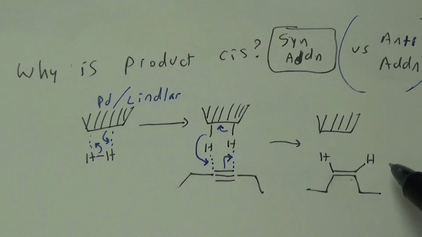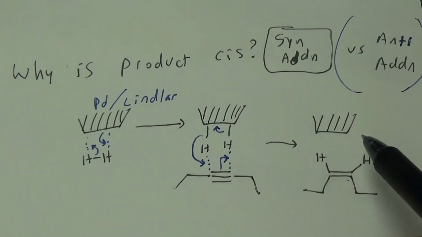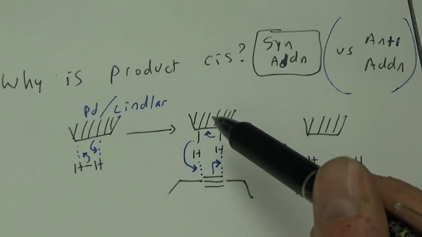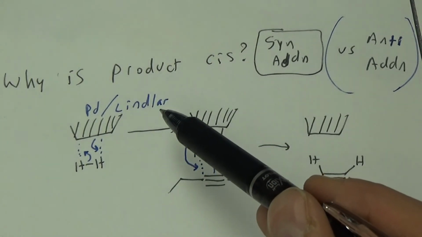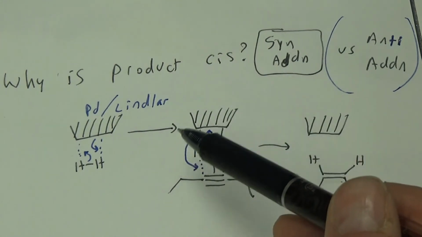The other question is, why doesn't it keep going like the way H2 palladium does? What's special about Lindlar that makes it stop? I don't have a good answer for that. You probably got to go ask Lindlar. I don't know when Lindlar was alive, but pretty sure he's not alive anymore.